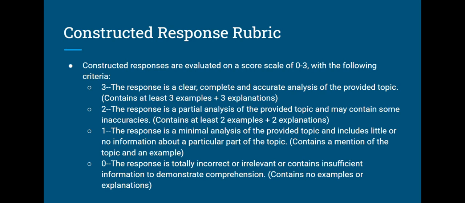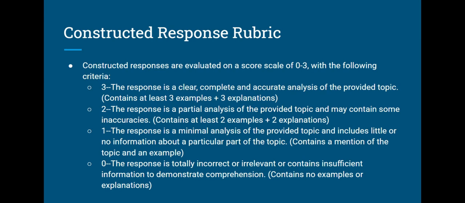A 2-point response is a partial analysis of the provided topic and may contain some inaccuracies. So usually it contains 2 examples, 2 explanations. A 1 is minimal analysis of the provided topic and includes little or no information about the particular part of the topic. And in that case, it's containing a mention of the topic and an example, but no real explanation.